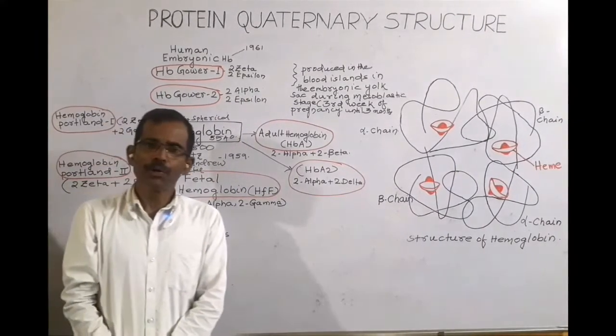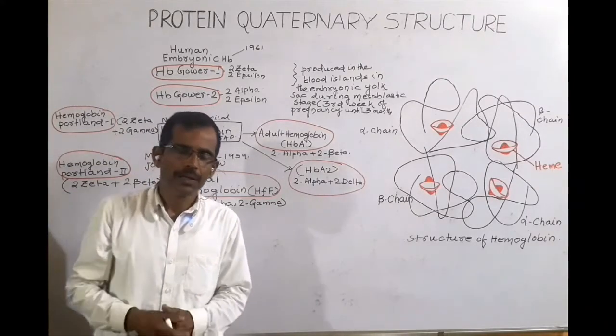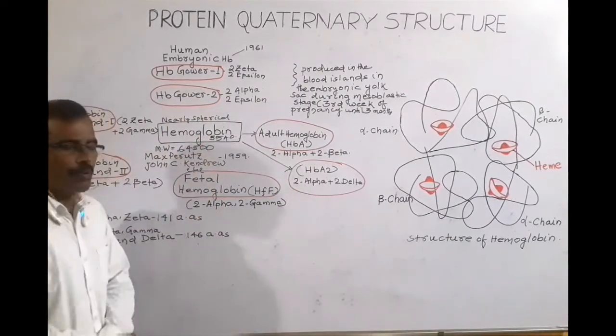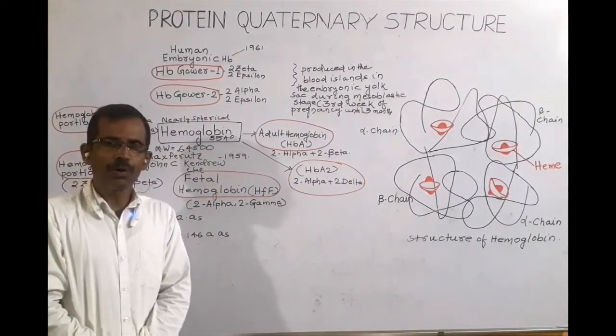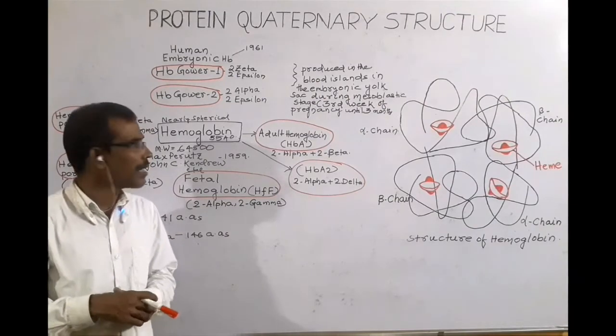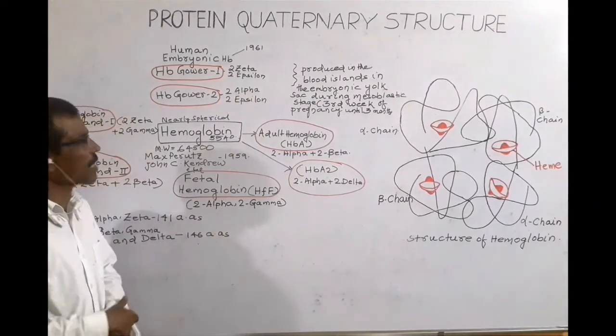Another embryonic hemoglobin is expressed at low level, hemoglobin Gower 2, which is composed of 2 alpha chains and 2 epsilon chains.